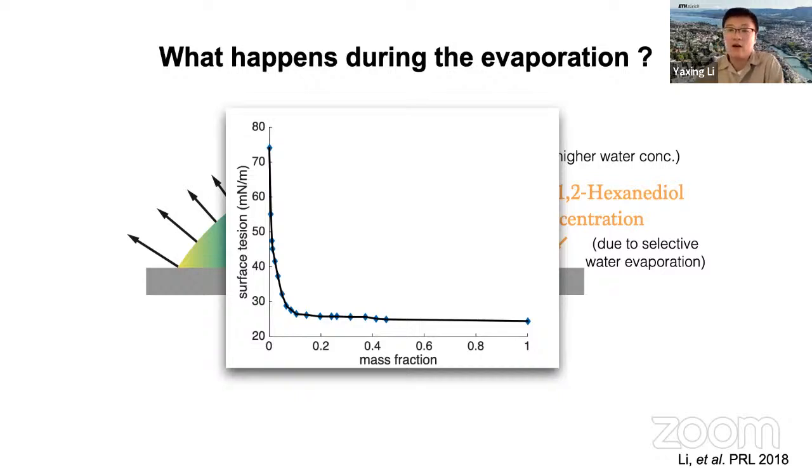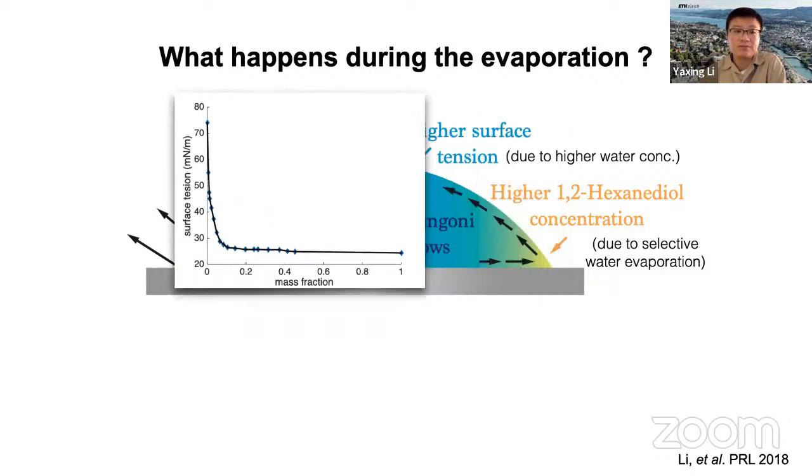That's why it can only cause a very weak Marangoni flow and also a very weak convection inside the droplet. This makes the convection insufficient to mix the inhomogeneity of the distribution.